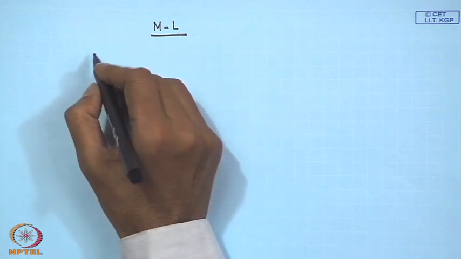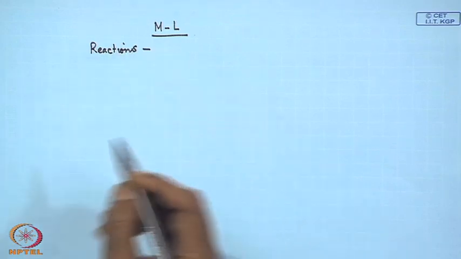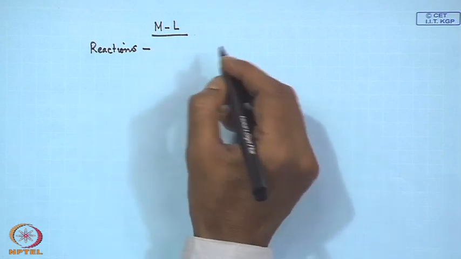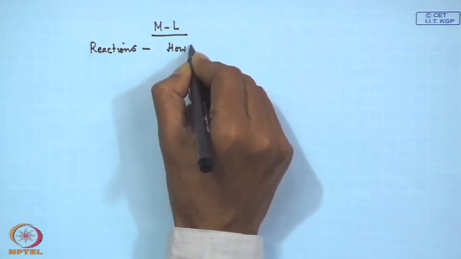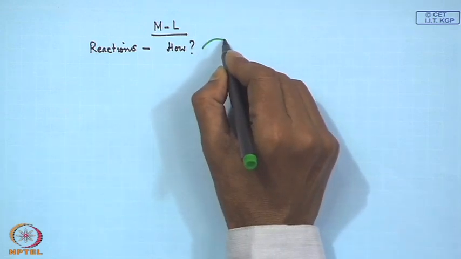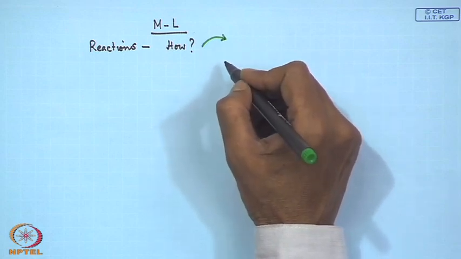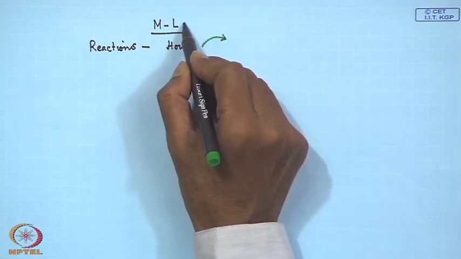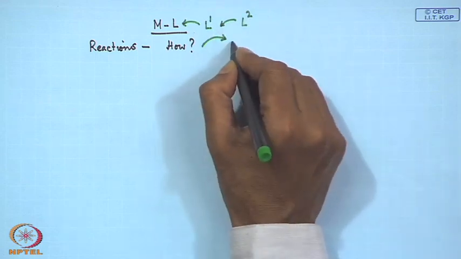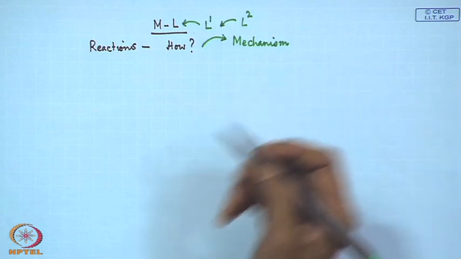If we have M and L, what we will be talking about here is reactions: a certain metal ion is there in our hand, and that metal ion is reacting with the ligand, and we want to know how it is reacting. How is this reaction taking place? If we know how this reaction takes place at a standard temperature, how fast the reaction is, or how quickly we can substitute this ligand, whether L can be substituted by L1 or L1 can be substituted by L2, that gives us some idea about the mechanism of these reactions and substitutions.